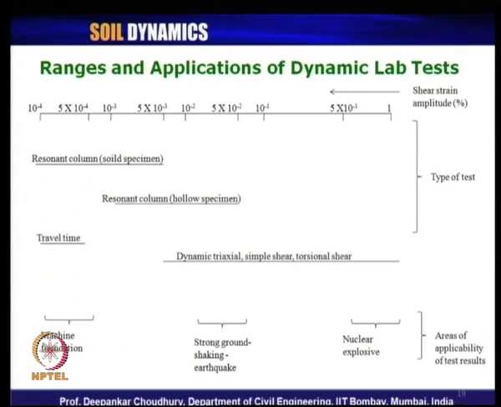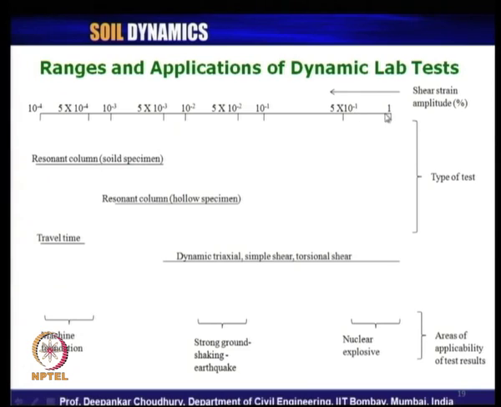Now, let us see what are the various ranges of the cyclic shear strain amplitude which are used for different dynamic tests. So, these are the ranges and applications of dynamic laboratory tests. This is the scale of shear strain amplitude.